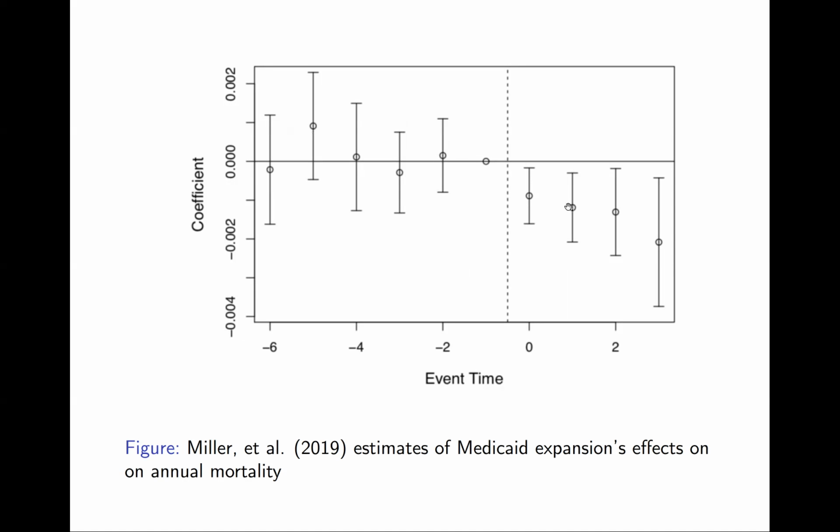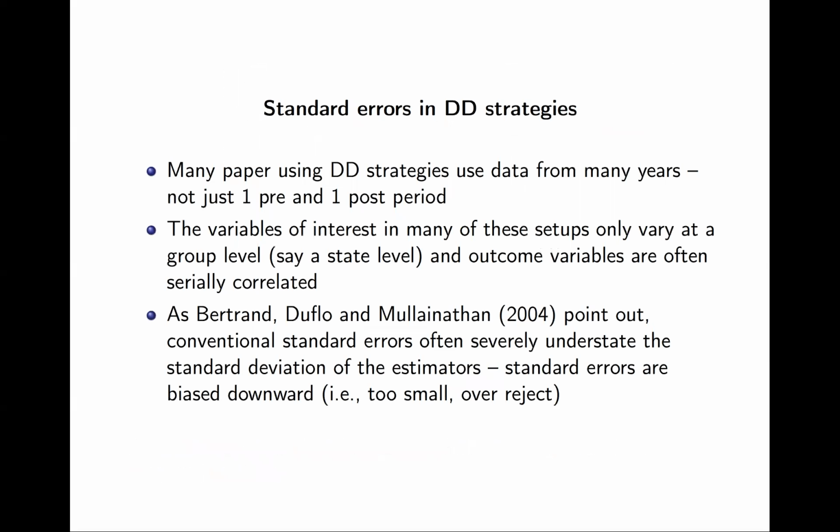And then afterwards, it fell, okay? So you're finding here that the states that expanded saw, after they expanded, declines in mortality of those people that were on Medicaid, okay?